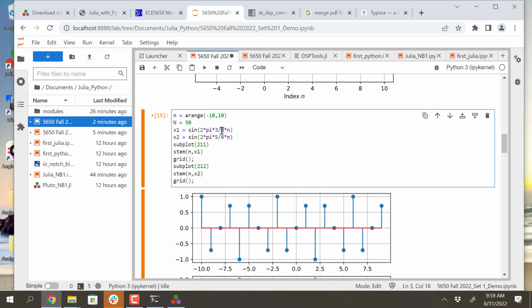So I'm going to put n in there, and I'm going to keep the frequencies slow or low.